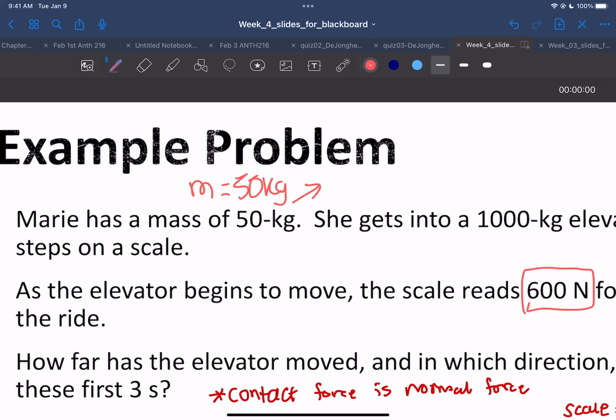So it's 50 times your acceleration due to gravity, so 500 newtons. For sure.